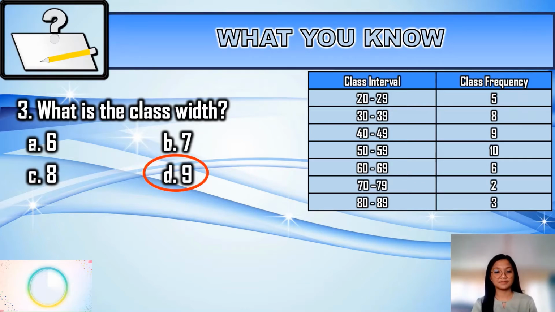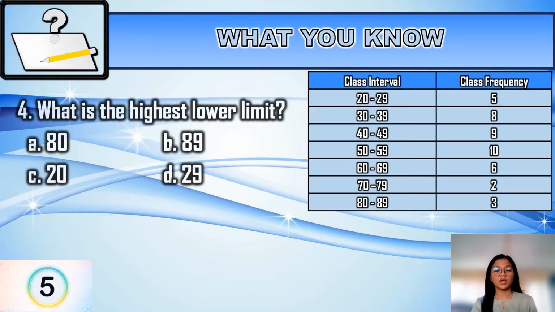Number 4. What is the highest lower limit? A 80, B 89, C 20, D 29. Timer starts now. What is your answer? Very good, A, 80.